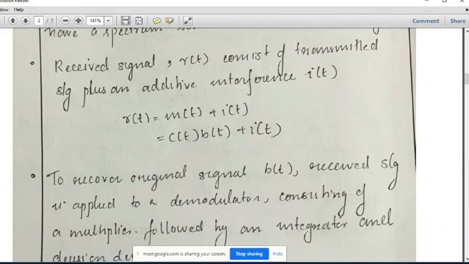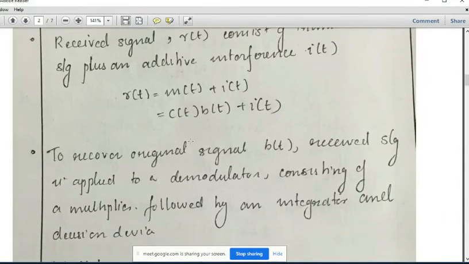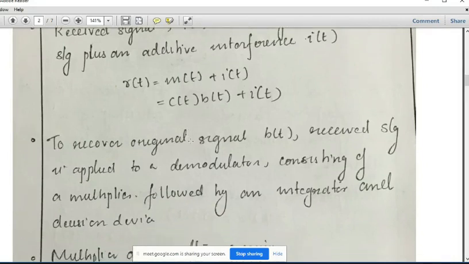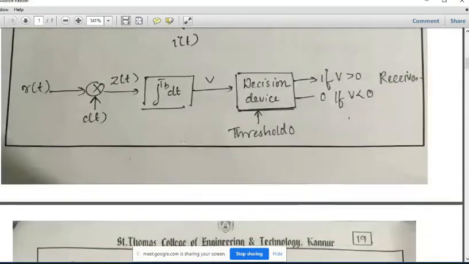Now to recover the original signal B of t, the received signal is applied to a demodulator consisting of a multiplier followed by an integrator and a decision device. As we have seen in the figure, the received signal is given to a demodulator followed by an integrator. This product modulator is nothing but a demodulator.